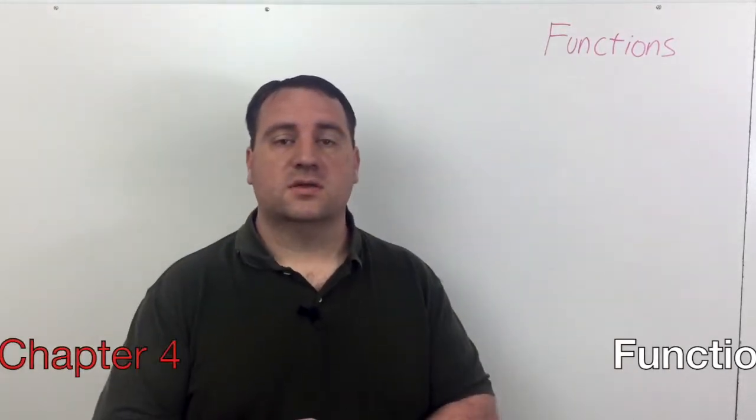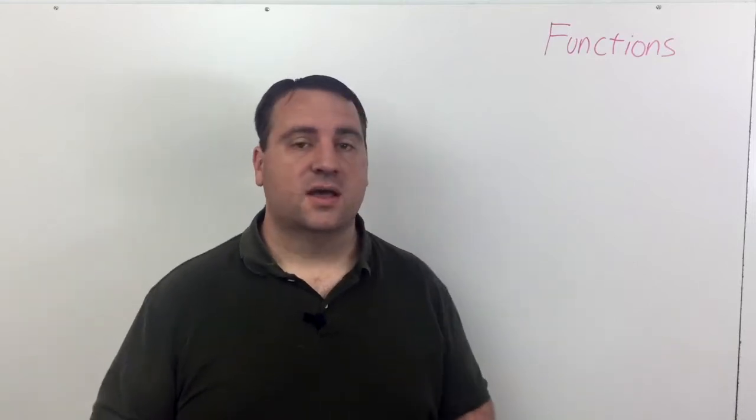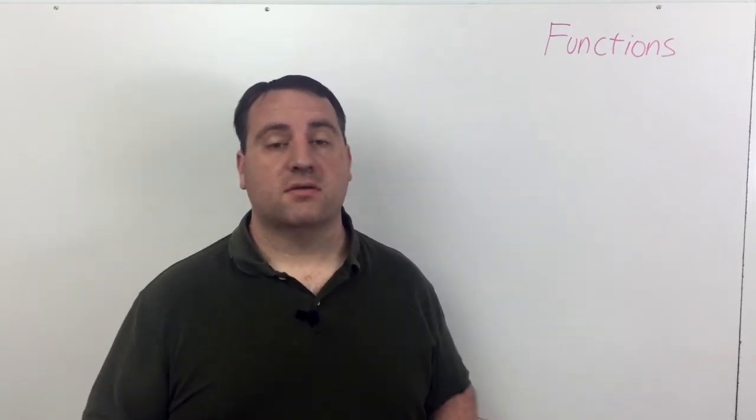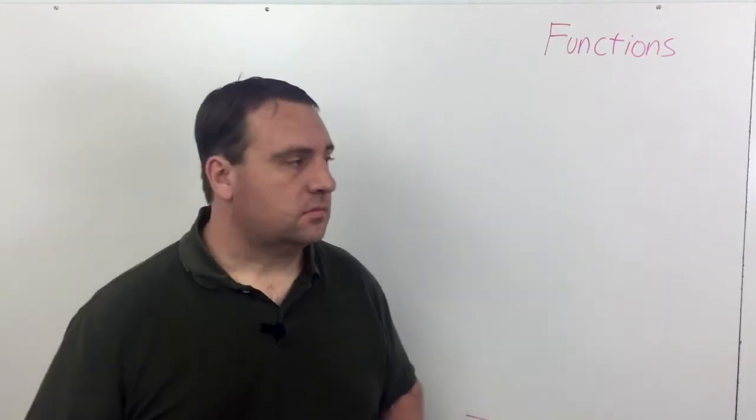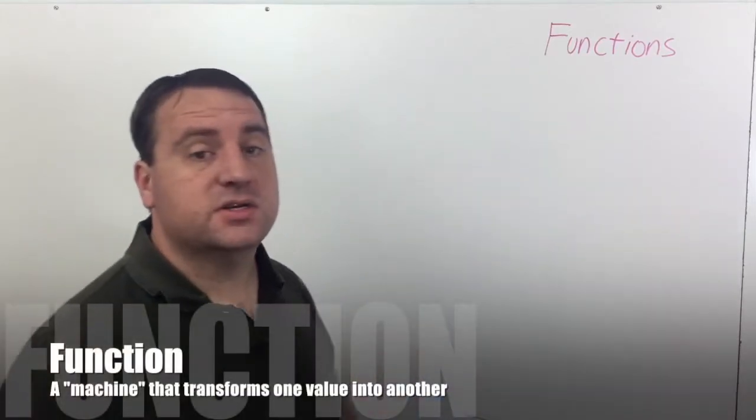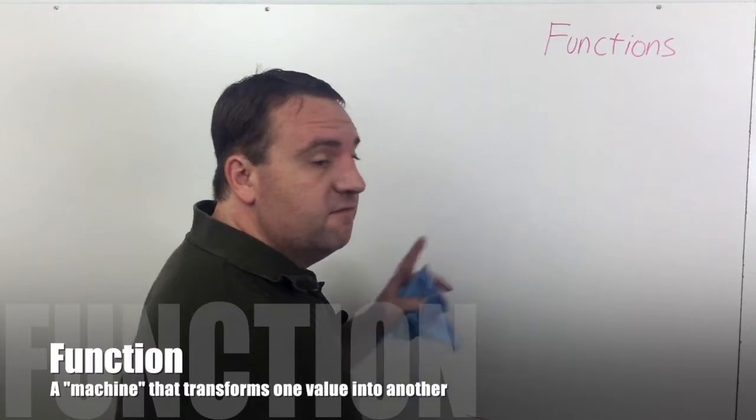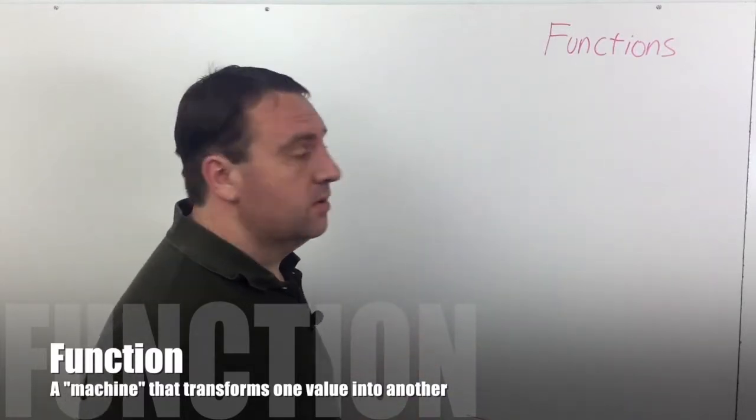We're still covering some of our pre-calculus concepts, and today we're going to be talking about functions. So what is a function? Well, a function is essentially a machine that converts one value into another one.